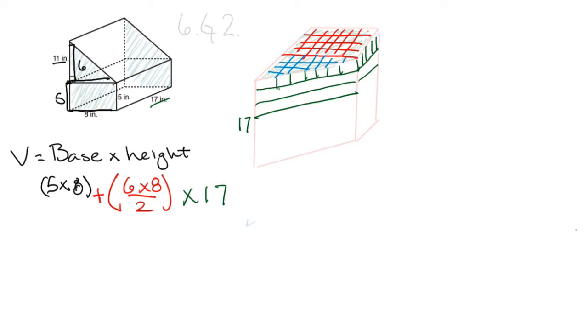So let's find out how many squares are in this top face. That'll tell us how many cubes are in the base. All right, so 5 times 8 is 40, and 6 times 8 divided by 2, I'm just going to simplify this, so this becomes 3 times 8, and that's 24.